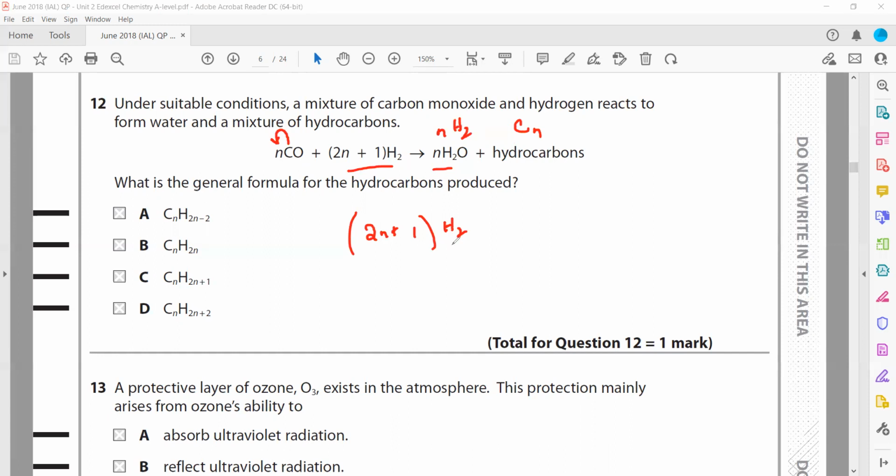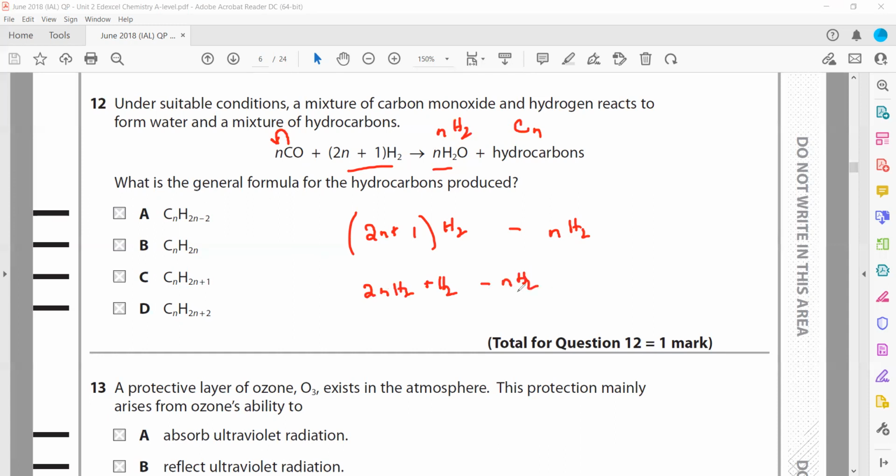So how many hydrogens should be in the hydrocarbon? If we take the difference of the two, reactant side minus the product, we subtract the product nH2. When we simplify, this will be 2nH2 plus H2 minus nH2.